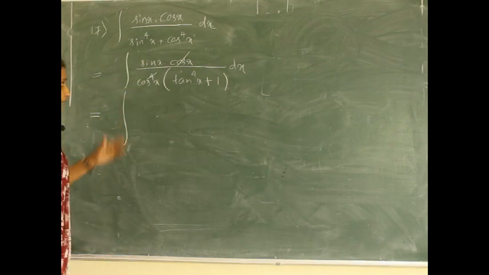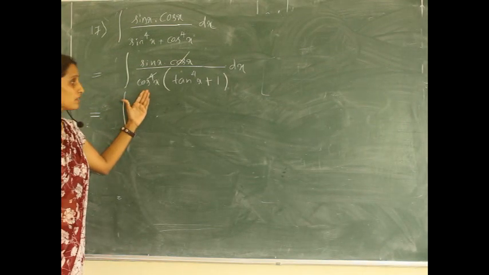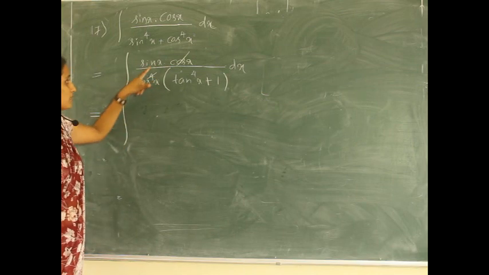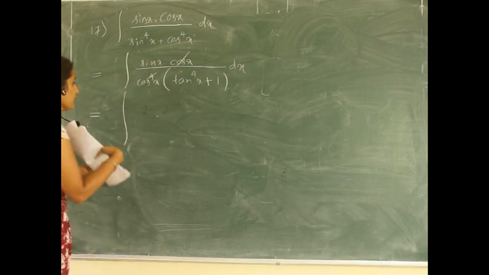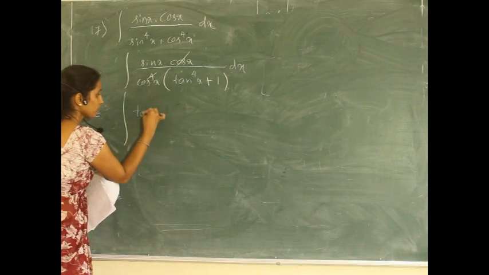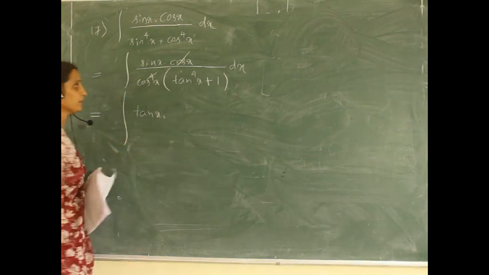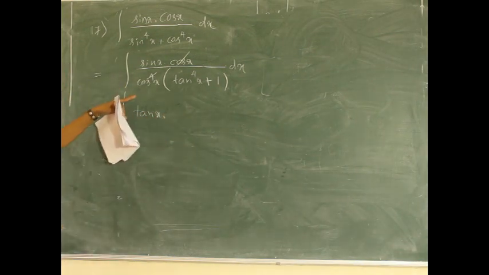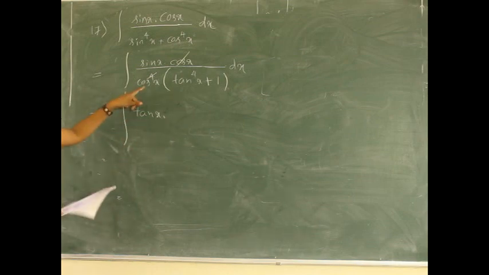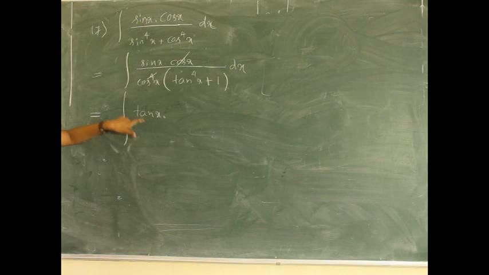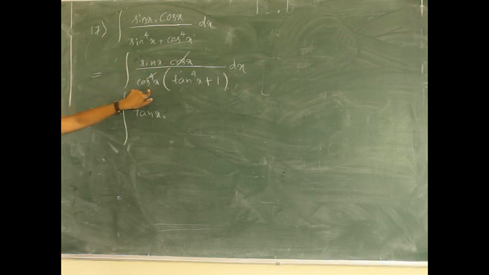In the cos cube x, you combine 1 sin and cos, so we get tan x. When we take 1 cos along with the sin, sin x by cos x is tan x, and 2 will remain as cos square x.